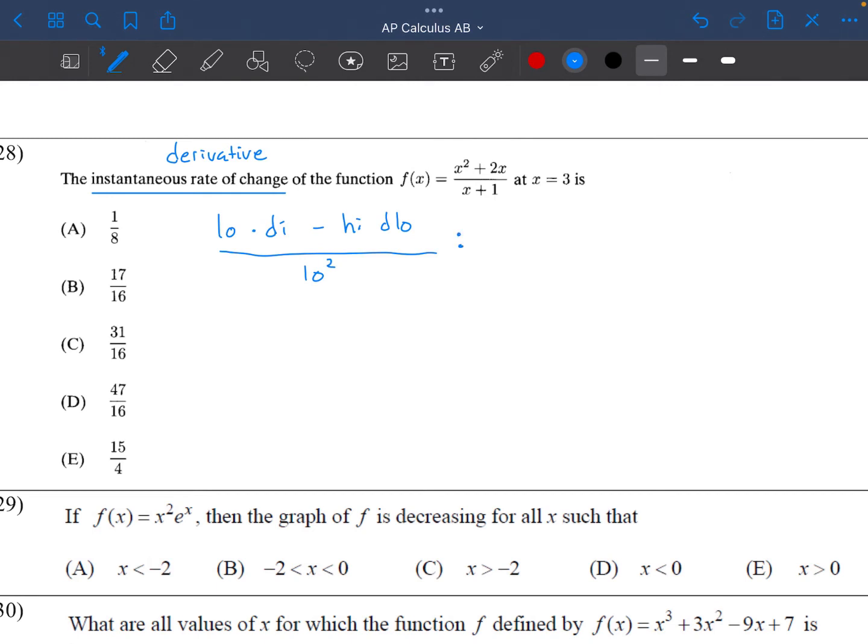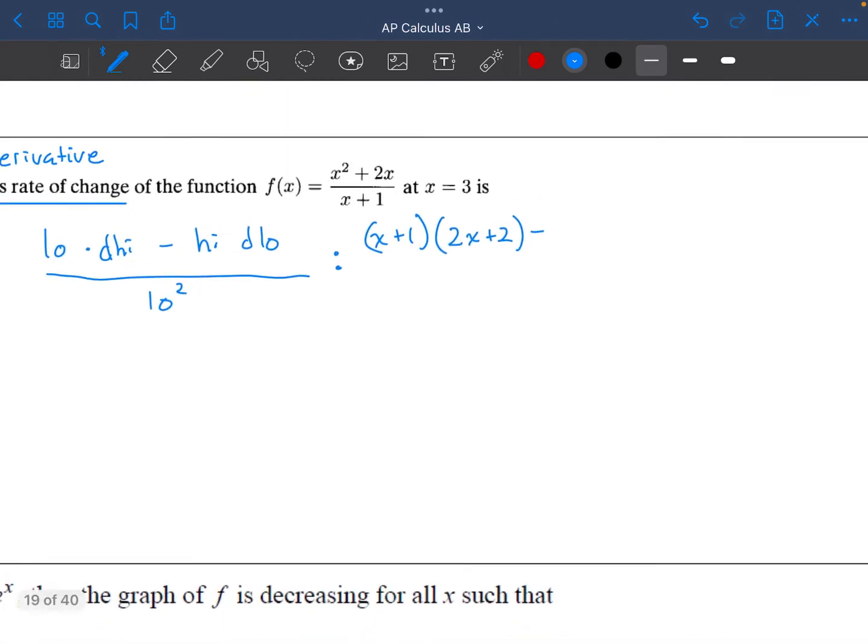All right, so for this, the low is x plus 1. And the derivative of the high, the derivative of the top, is going to be 2x plus 2.